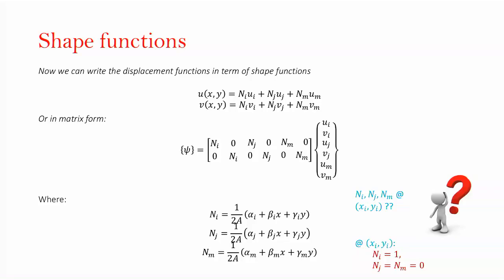So what does this tell us here? It basically emphasizes that the shape function at the corresponding node number should be 1, and the rest of the shape functions should be 0. So for example, if we put the coordinates of the node j, which is xj, yj, into the equations, Nj would be 1, and Ni and Nm would be 0.